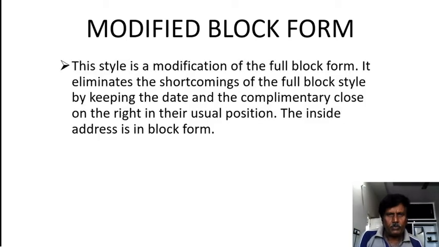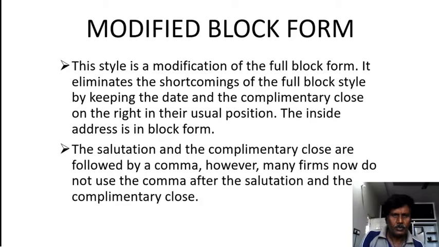In modified block form, the style is a modification of the full block form. It eliminates the shortcomings of the full block style by keeping the date and complimentary close on the right in their usual position. The inside address is in block form. Second feature is the salutation and the complimentary close are followed by a comma.